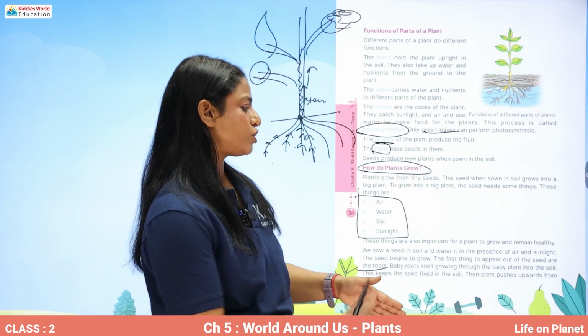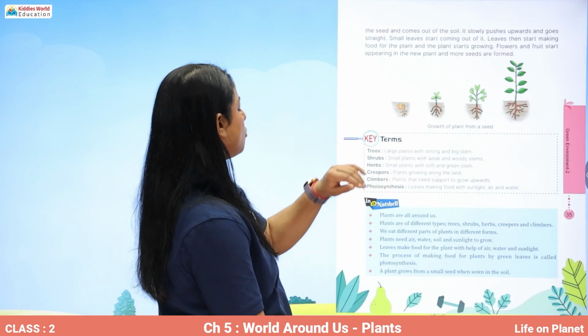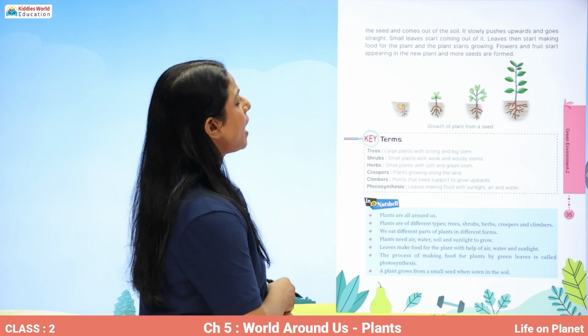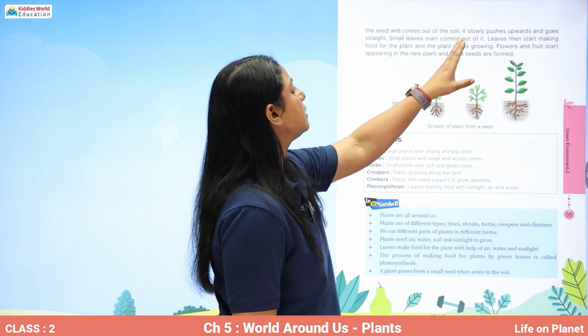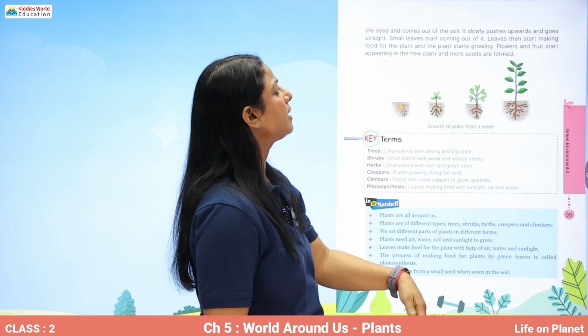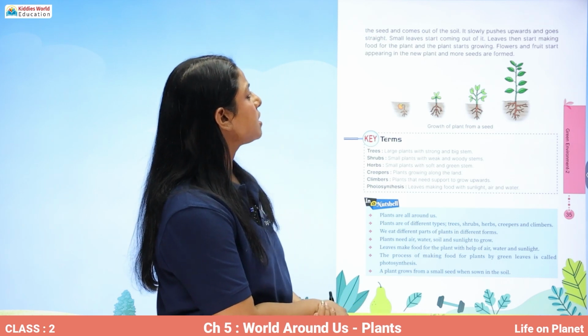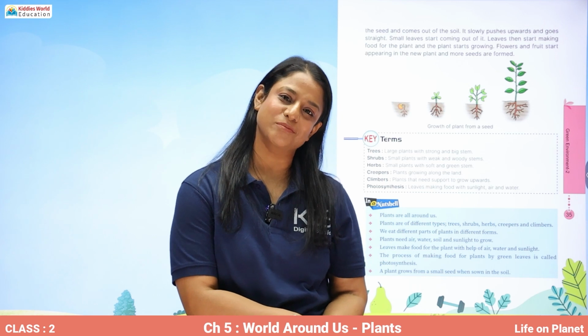Then the stem pushes upward from the seed and comes out of the soil. It slowly pushes upward and grows straight. Small leaves start coming out of it. Leaves then start making food for the plant, and the plant starts growing. Flowers and fruits start appearing in the new plant, and more seeds are formed.